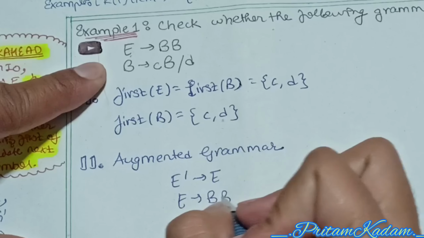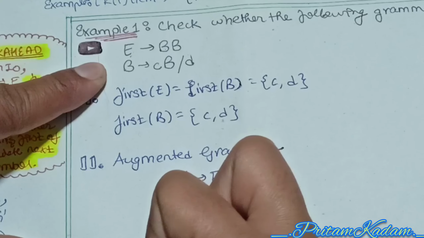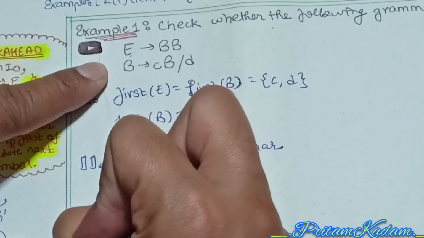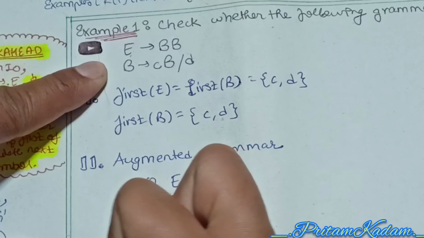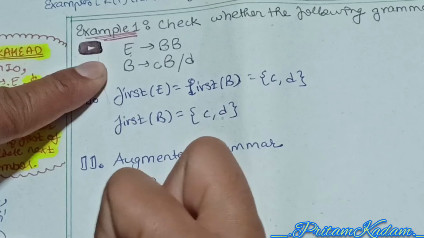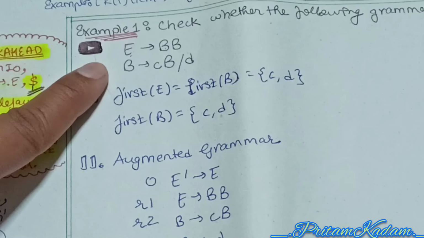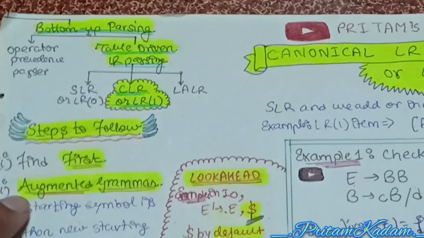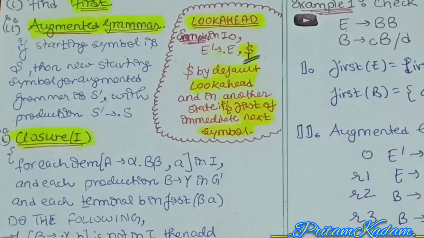E gives capital B capital B, then B gives c capital B, and then B gives d. We write the B productions separately and number them 0, 1, 2, 3, because we have to input R1, R2, R3 in the reduce part of the CLR table. This is table-driven LR parsing.